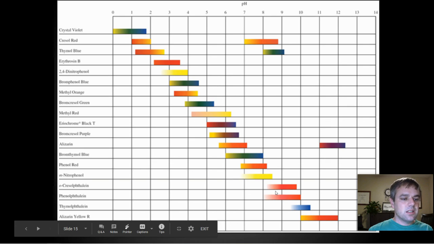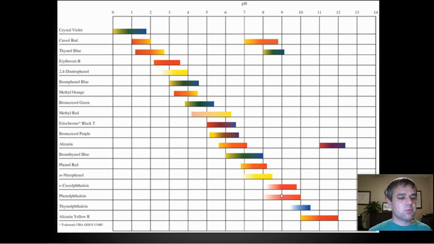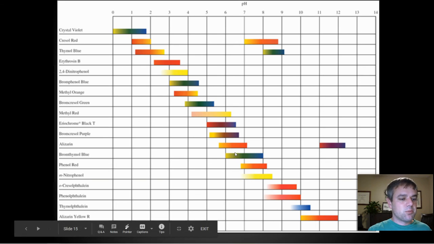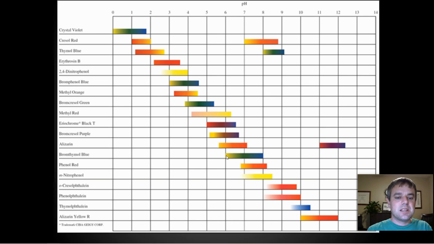The reason that these are the most commonly used indicators is because it's pretty unmistakable when something goes from clear to having a color, as opposed to bromothymol blue, which goes from yellow to yellowish green to greenish blue to bluish green to, or whichever way that order goes, I'm not a color expert, to blue.